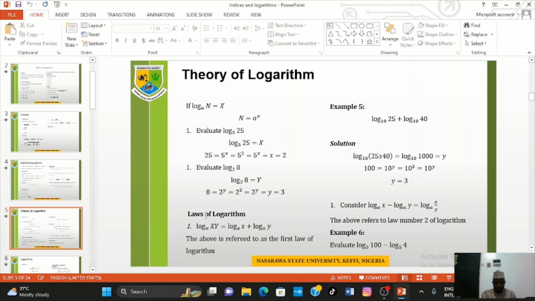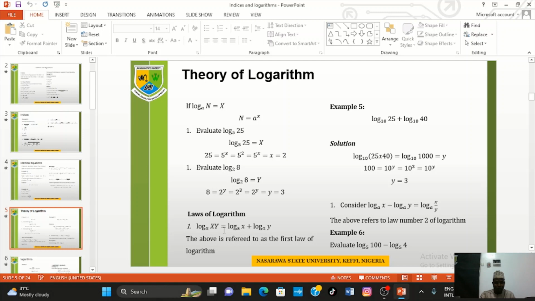Let's go further: the laws of logarithm. As the indices have their own laws, we also have the laws of logarithm. Law 1: log xy to base a, meaning x and y joined together, can be transformed to log x to base a plus log y to base a.